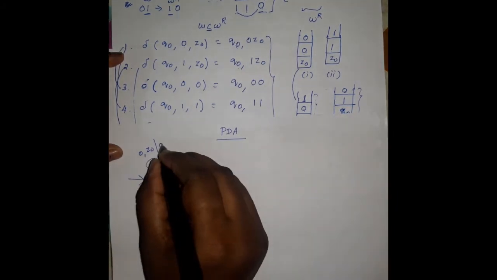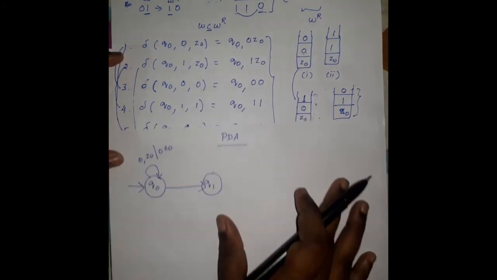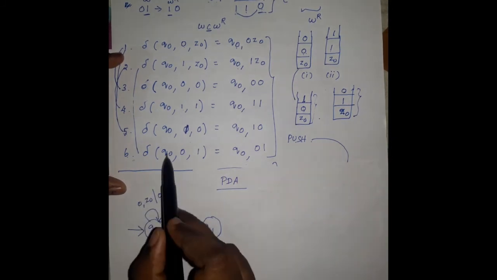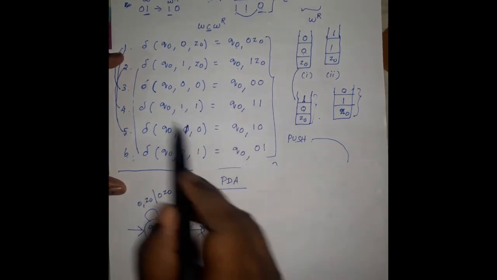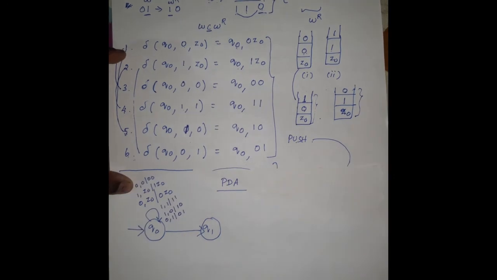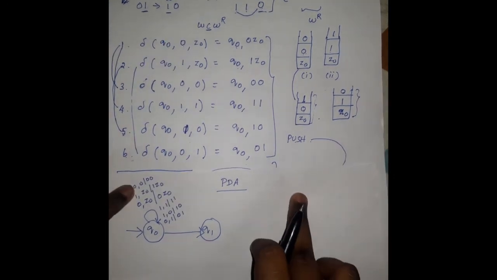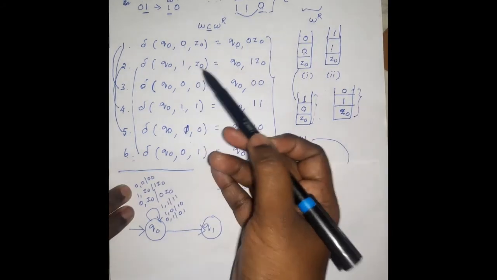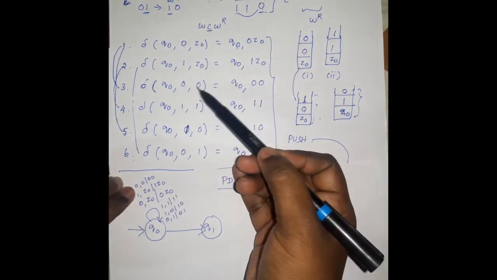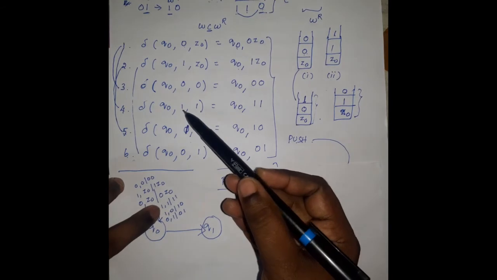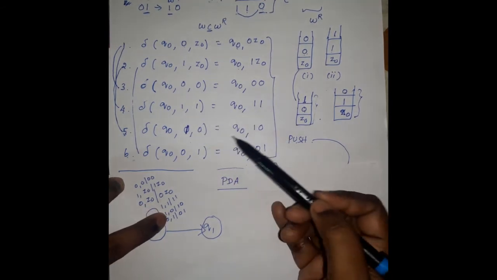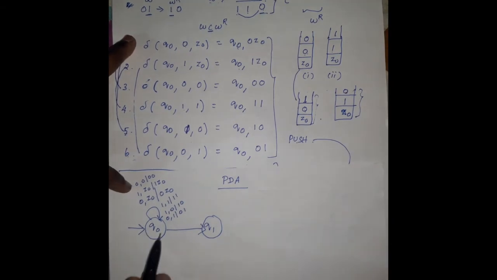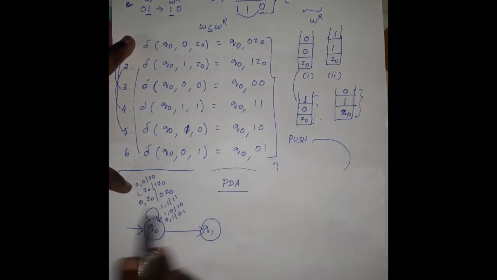Similarly you have to write all these 6 steps in the same self loop, because all of these go from the current state to Q0. So I am writing all 6 functions: 0 Z0 bar 0 Z0, 1 Z0 bar 1 Z0, 0 0 bar 0 0, 1 1 bar 1 1, 1 0 bar 1 0, 0 1 bar 0 1. Right, this is the push function.